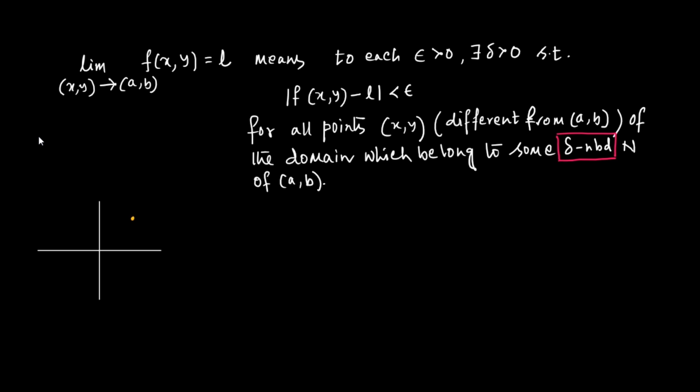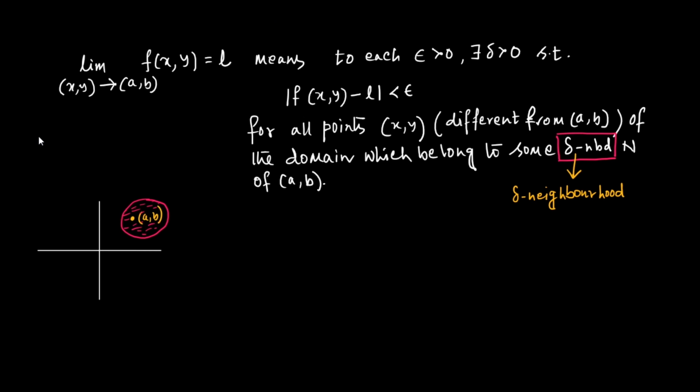If this is my point (a, b), then the delta neighborhood of this point (a, b) is, roughly, a region around (a, b), whose area depends on the parameter delta.